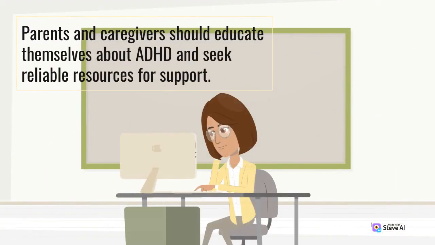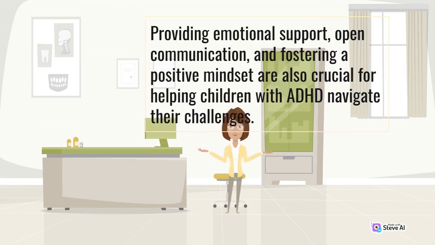Parents and caregivers should educate themselves about ADHD and seek reliable resources for support. Providing emotional support, open communication, and fostering a positive mindset are also crucial for helping children with ADHD navigate their challenges.